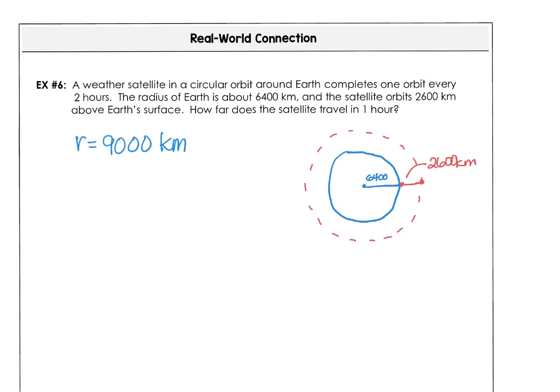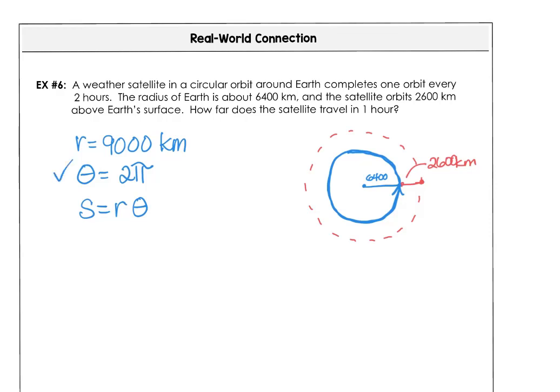And what else do we know? We know the theta, so the central angle when we go all the way around the Earth, one complete revolution, then our theta is 2 pi radians.